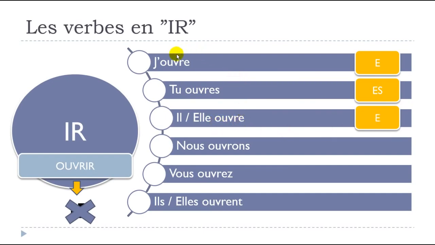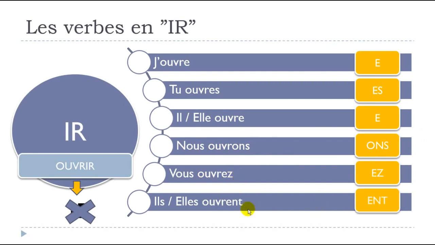Basically you get the same phonetical form here, the same pronunciation, but you should write it ouvre, ouvres, ouvre. And then for nous, the classic ending ons, ouvrons, nous ouvrons, and for vous, classic ending ez, vous ouvrez, il, elle, classic ending ENT, ils ouvrent, elles ouvrent.